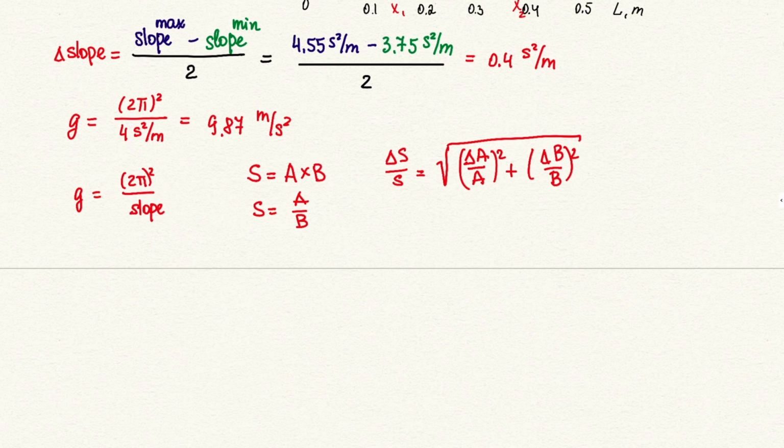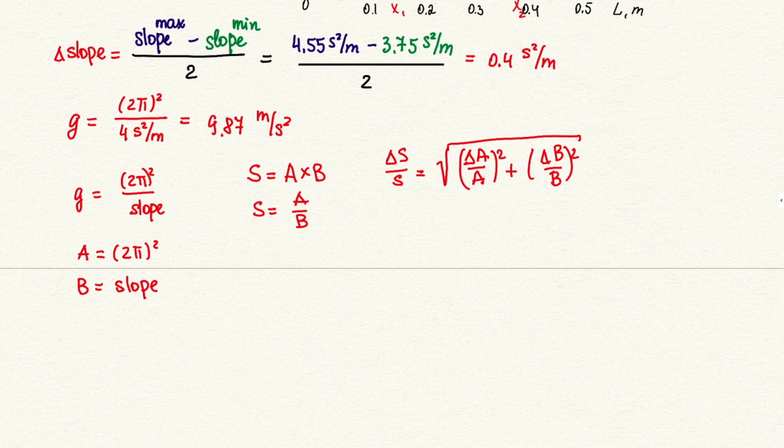So we will be using this equation, and in our case, A is going to be equal to 2 pi squared, which is a constant and doesn't have an uncertainty, and B is going to be equal to our slope.